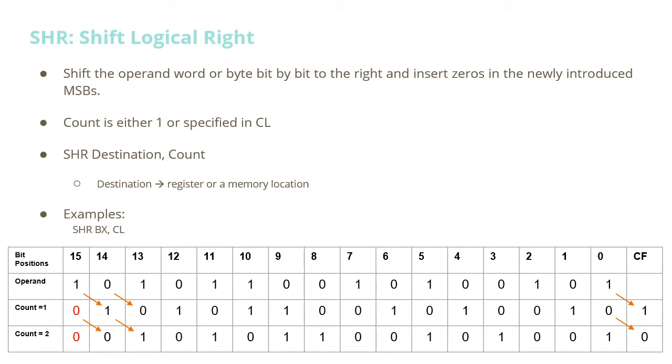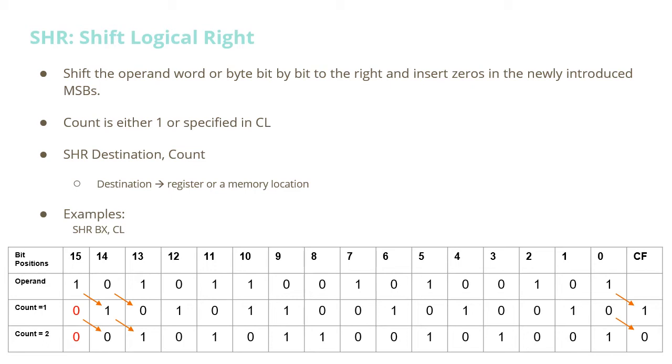Next is the SHR instruction or the shift logical right instruction. This instruction shifts the operand word or byte in a bit-by-bit manner to the right, and it also inserts zeros into the newly introduced more significant bit positions. Here also the count is either 1 or it can be specified in the CL register. The format of this instruction is SHR destination comma count, where the destination can be a register or a memory location.